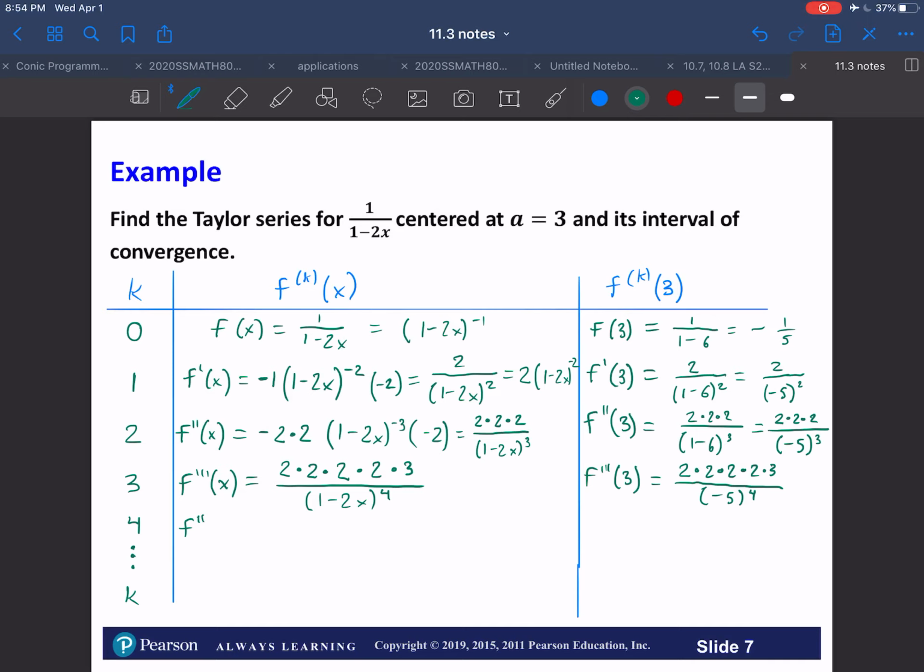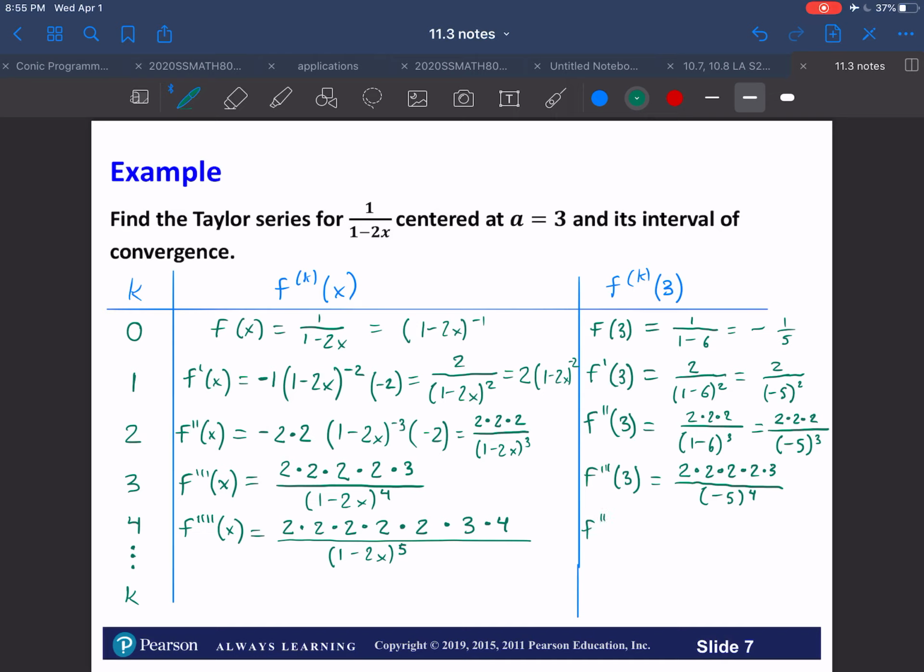And if we want to calculate the fourth derivative, this is going to be 2 times 2 times 2 times 2 times 2 times 3 times 4, all divided by 1 minus 2x to the fifth power.